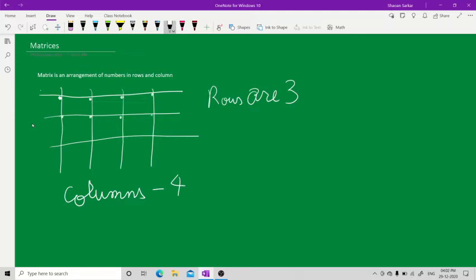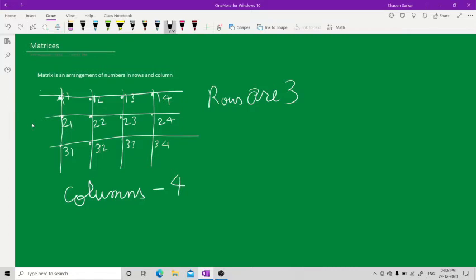These positions are referred to as, this is the first row, first column, this position is referred to as 1 1. This is 1 2, 1 3, 1 4. Similarly, 2 1, 2 2, 2 3, 2 4. Then 3 1, 3 2, 3 3, 3 4.